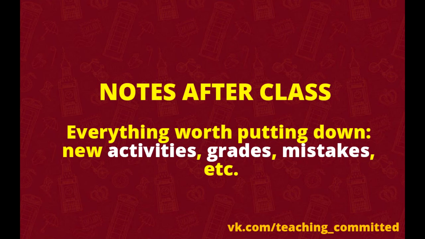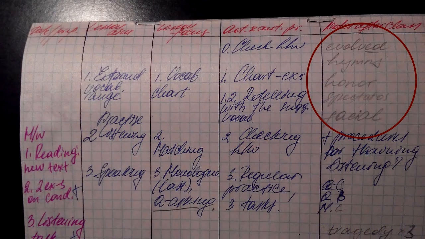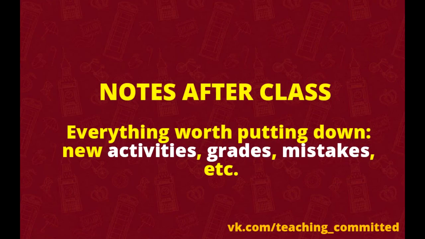But it's good to put down everything that you just notice and you think is relevant or might come in handy later on. So, for example, we're doing a lot of reading tasks with one of my students, and I put all the words that she mispronounces in here so that I can watch the progress, if any. And actually I do notice progress because the more we read, the better we get at it.